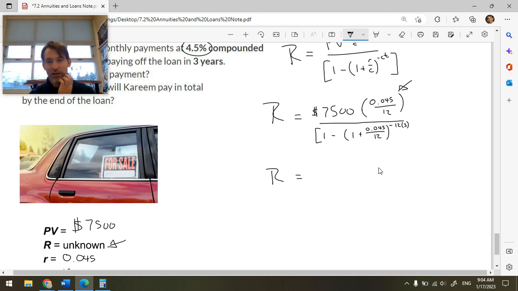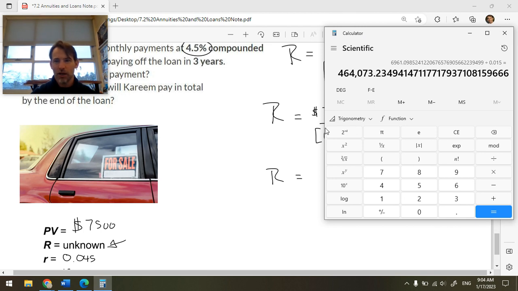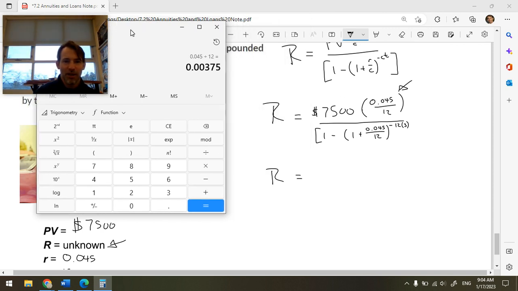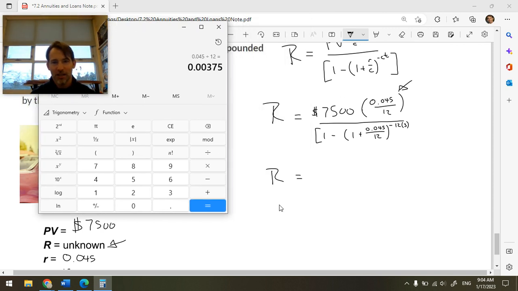So that's 0.015 over 4. I'm just going to do it on a calculator and simplify that to the interest per period. 0.045 divided by 12 is a non-repeating decimal, so I can write it down exactly without losing any detail.